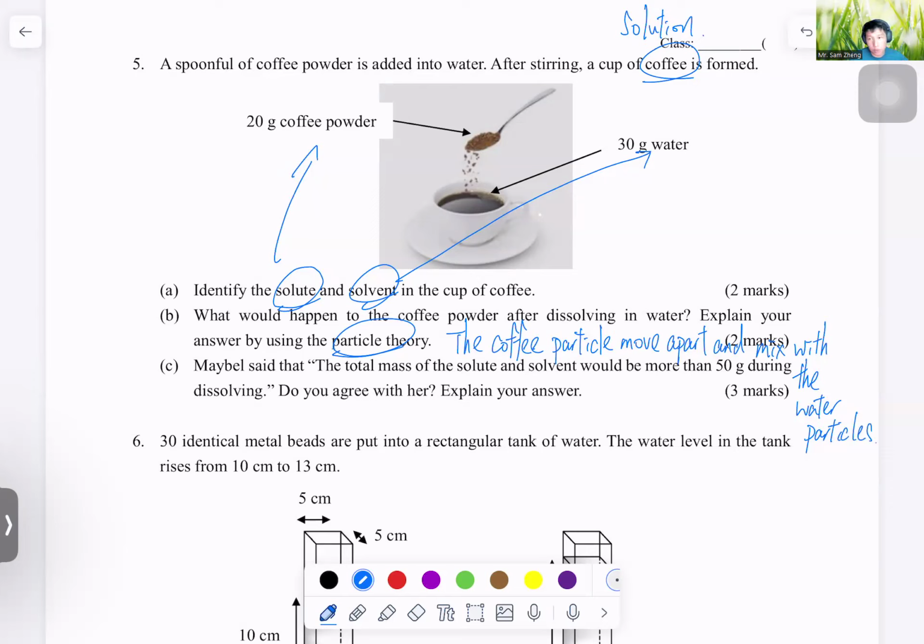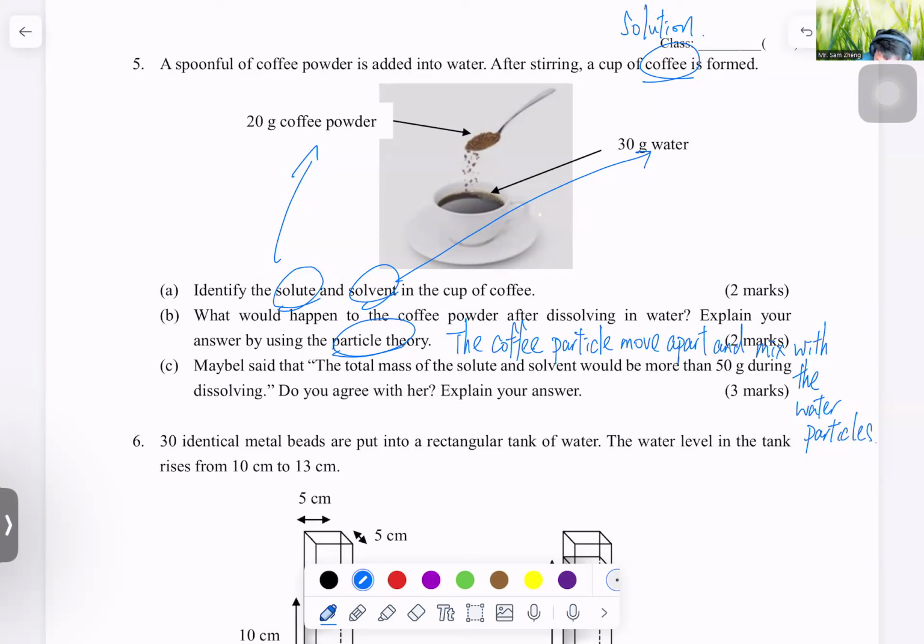As they mix with the water particles, they start dissolving, but eventually the dissolving process will stop at a certain point. Why? Because the solid particles are evenly distributed. Then we will say that it is completely dissolved.